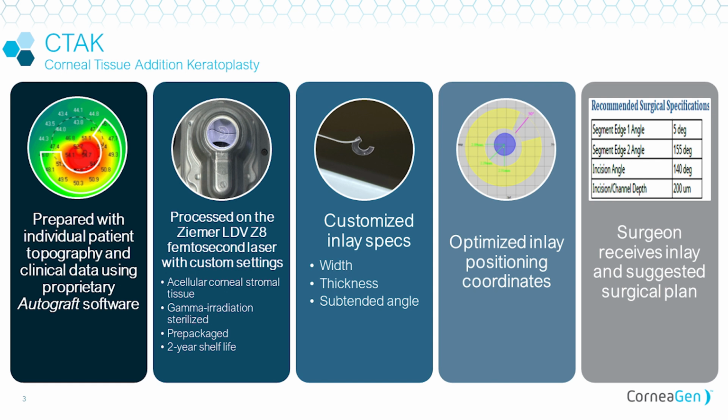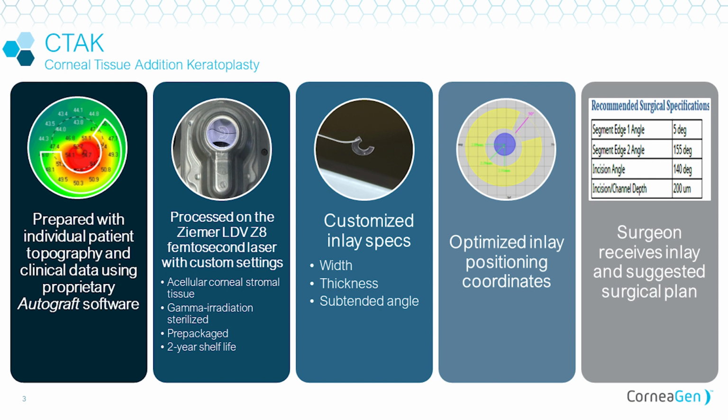So this is really clear, preserved corneal stromal tissue that can be taken off the shelf, so to speak, but we give it to you in a customized setting for your patients. The inlays are customized per the algorithm and per the CorneaGen cuts for their width, radius of curvature, subtended angle, and thickness.